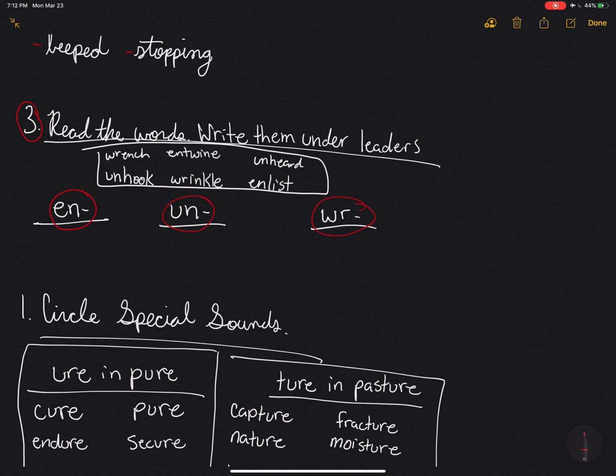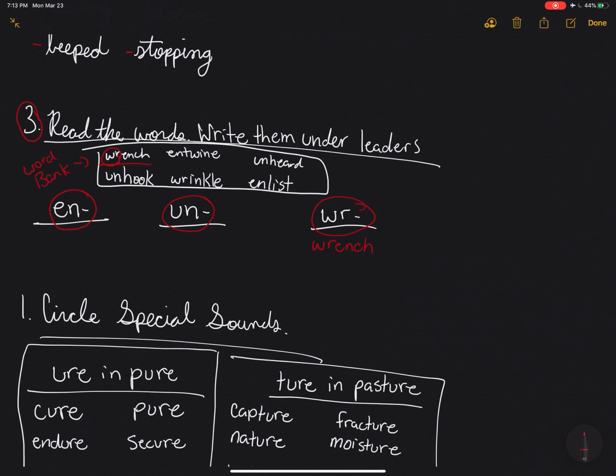So on top, you will see a pink rectangle. That, as we know, is called your word bank. In your word bank, there are several different words. The first one we see is wrench. So you look at the leaders. Wrench, you're going to see, has a WR. You're going to match it. WR goes to WR, and you write wrench.